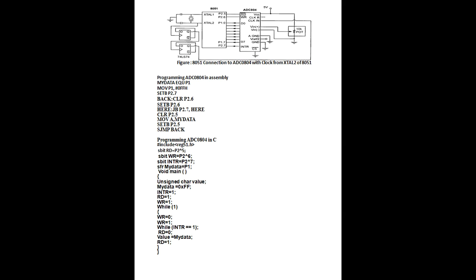After that, start the loop, where the conversion is going to start. That's written with a while loop. WR make it 0, WR is 1, while INTR is equal to 1, keep on checking the status of INTR. Once it becomes 1, RD becomes 0. The converted data is stored into value, and after that RD is made 1.